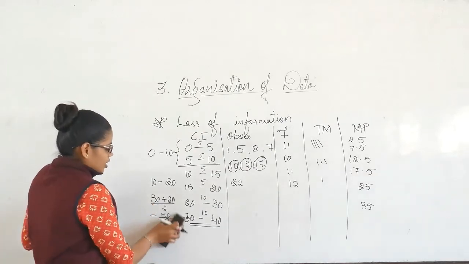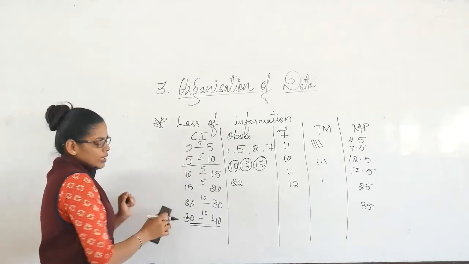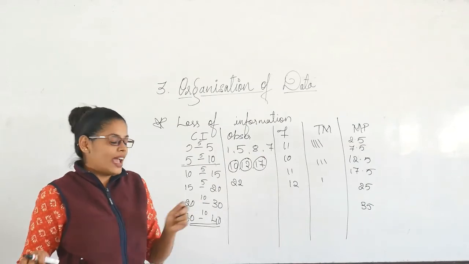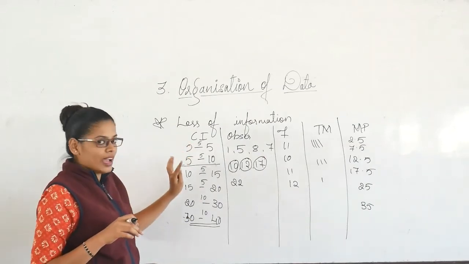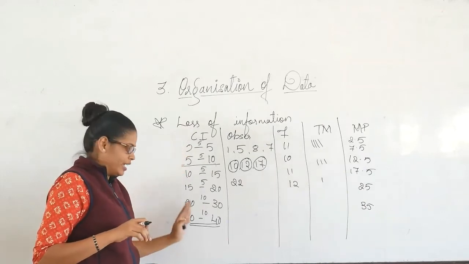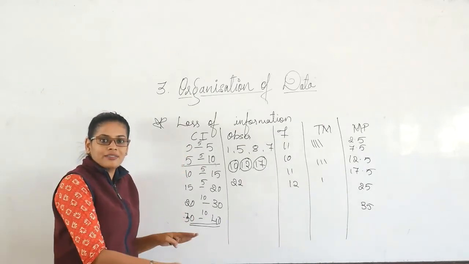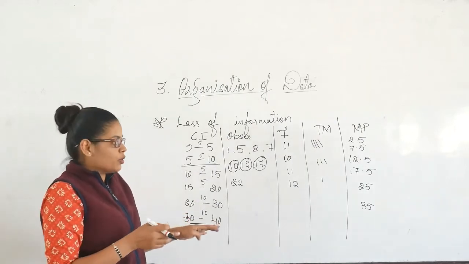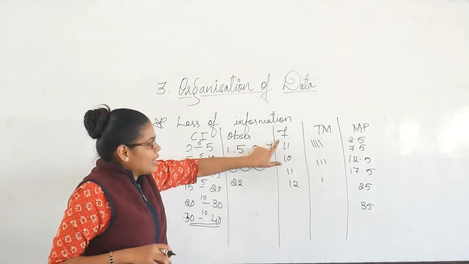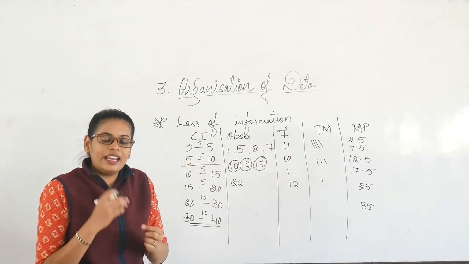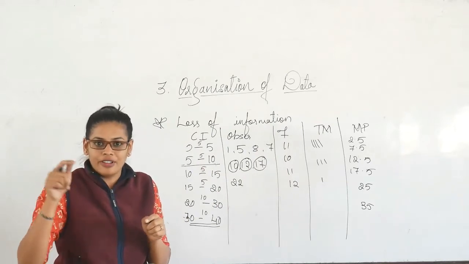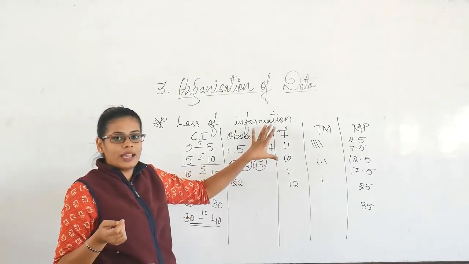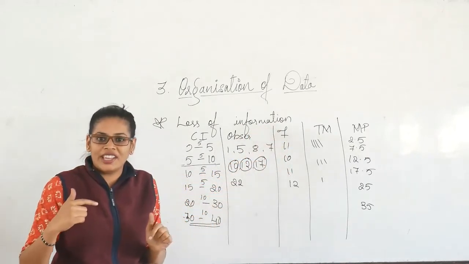And if you observe here, the class interval which we had before had a class mark of 10, and now you can see that the class marks are not equal. First we have 5, next we have 10, right? So if you mark this frequency on a graph, you can see the variation in the graph. This will be your homework, and I suggest you do it, and you will be able to understand how there will be a change in the frequency.